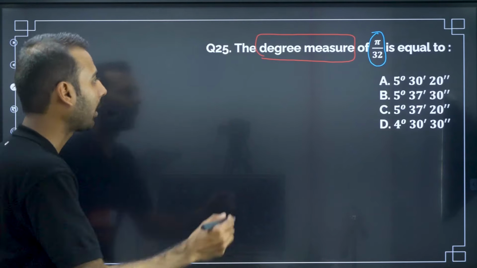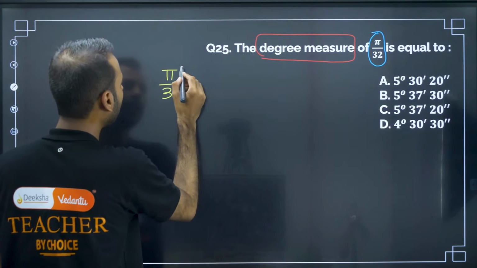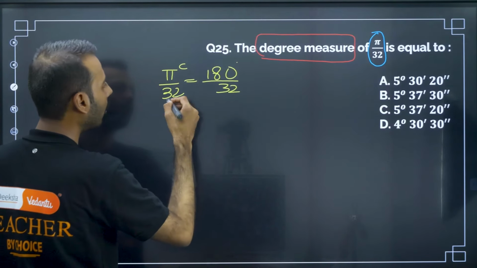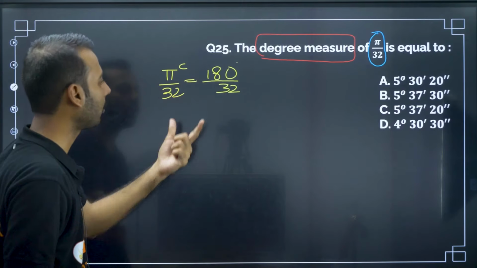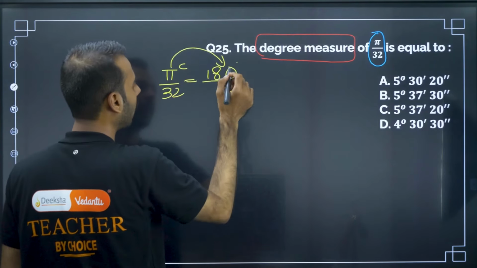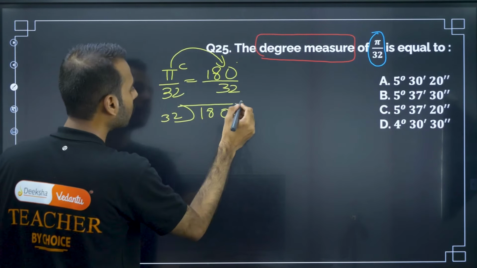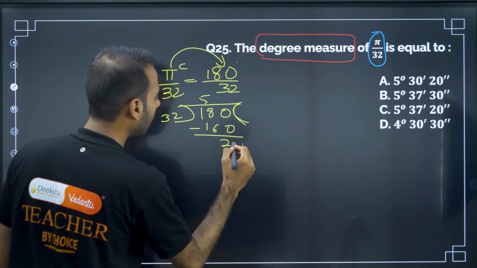So pi by 32, how to approach this? Pi radian is equal to 180 degree, so 180 divided by 32. Division they teach in 4th standard, so you just have to divide this. 180 divided by 32: 5 times 32 is 160, so here we are left with 20.